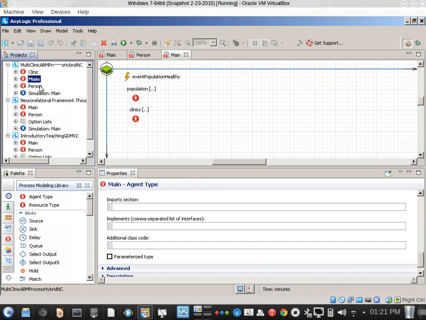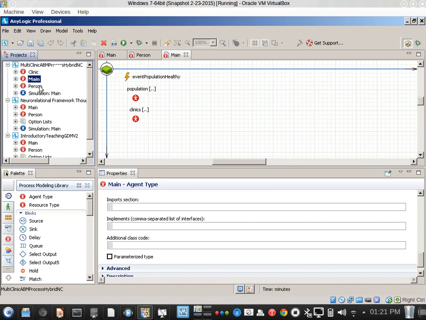Yeah. Good. That's right. It's like Da Vinci's measure of man. You have two populations. One is a population of people, and one a population of clinics. This model depicts a situation where we have two types of agents, people and clinics, and the people interact with the clinics.